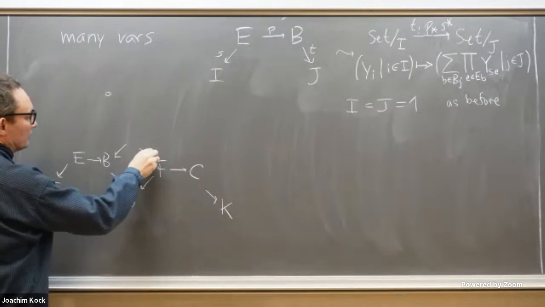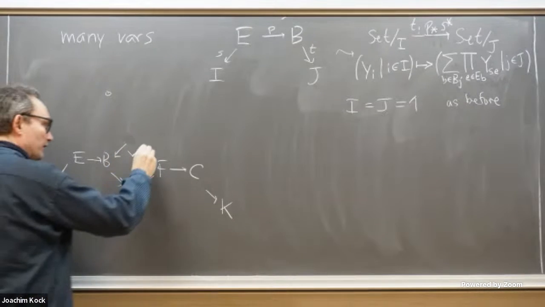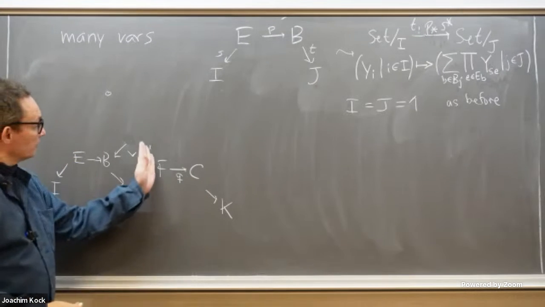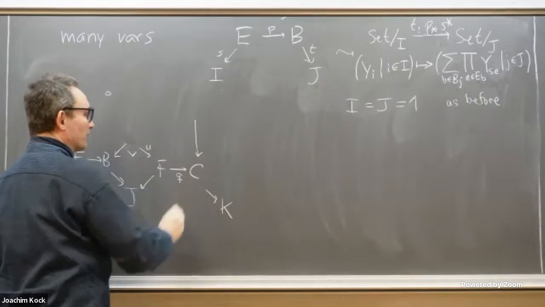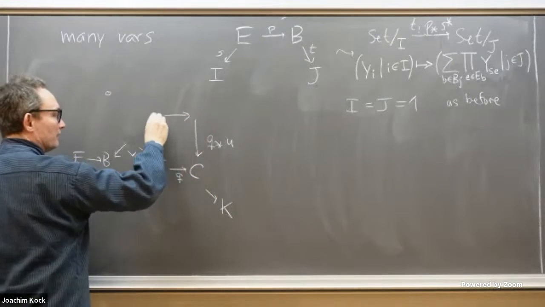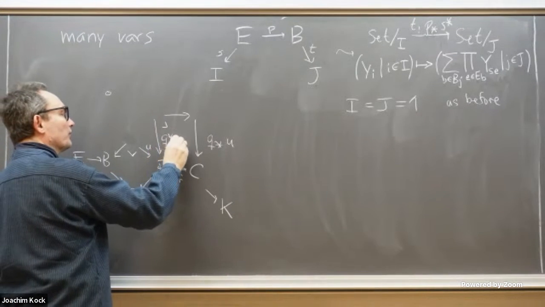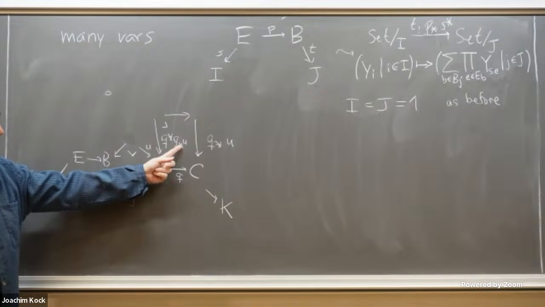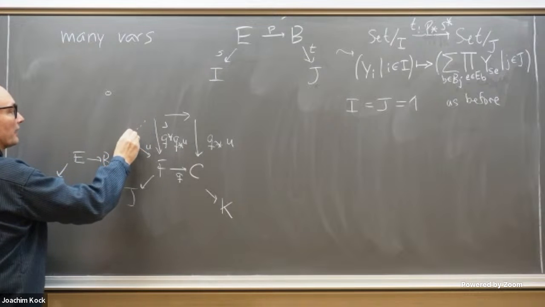The first thing I do is I take a pullback here. Let me just write it like this. And let's say this map is called U, and this is called Q. The next thing I do is I use this Q to do a lower star. So that gives me something here, Q lower star of U. Then I take a pullback like this. So pullback is to take Q upper star. So this is Q upper star of Q lower star of U. And since this is left adjoint to this right adjoint, and we started here, there's a co-unit going back here.